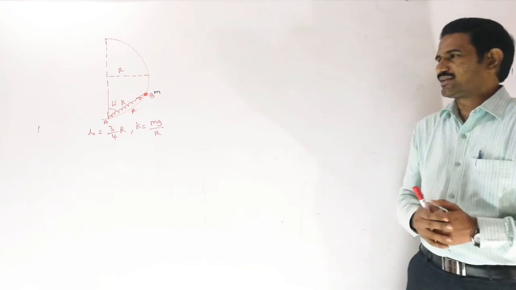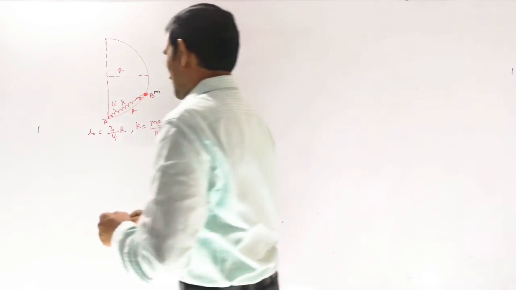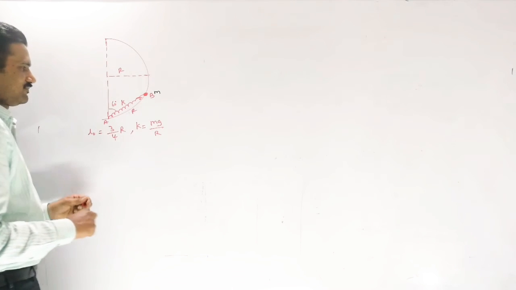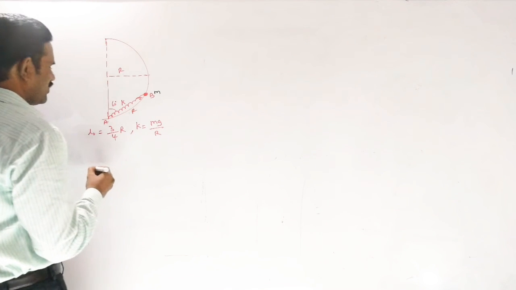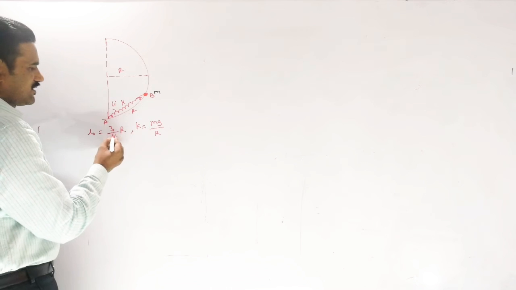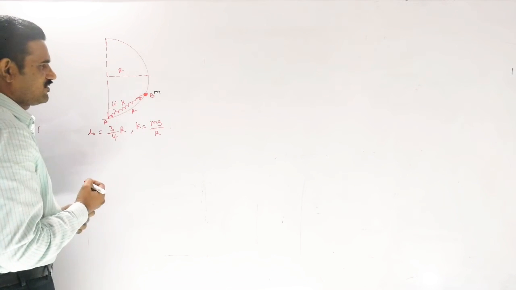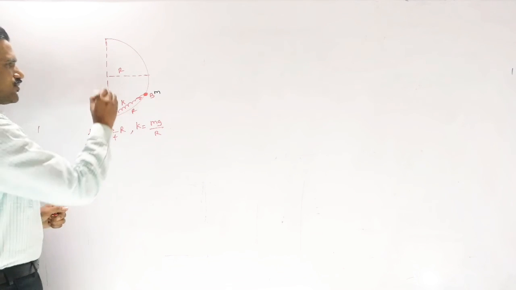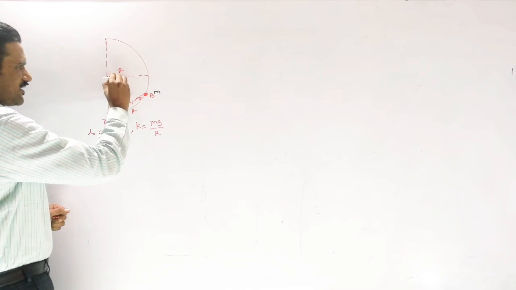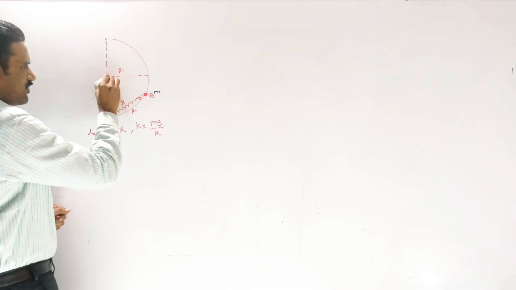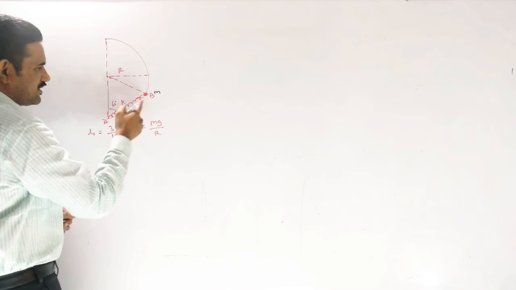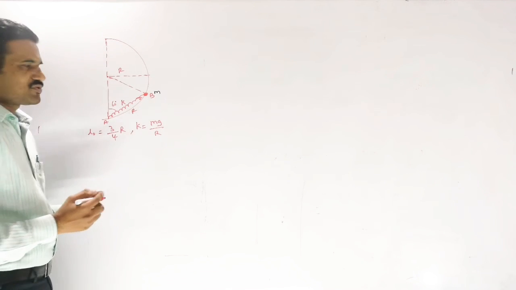So first let us calculate the elongation. The initial length is 3r by 4 and the final length will be r here. That is given actually, but even if it is not mentioned, you need to calculate it. Sometimes this length is not mentioned, then you need to calculate like this.